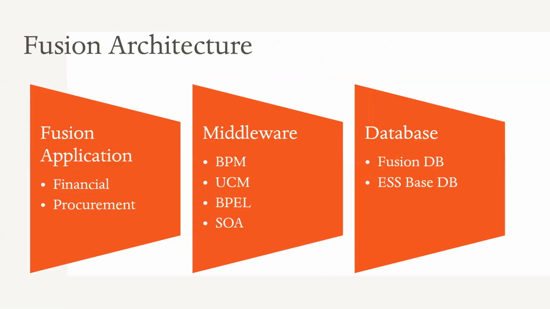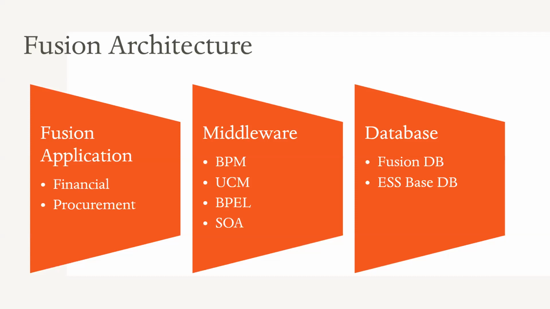Then we have the Fusion architecture. Basically, how did Fusion come up with this architecture? If you see here, you will see the Fusion application. So what is the Fusion application? The Fusion application is made up of financials, procurement, supply chain, project accounting, and all those things. In EBS, we call these modules, but here in Fusion, they call them offerings and options.